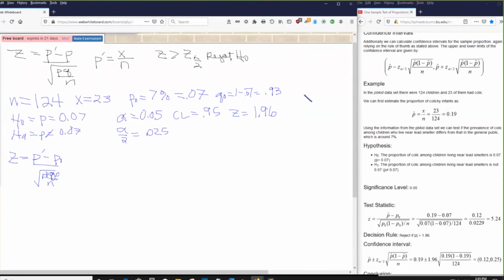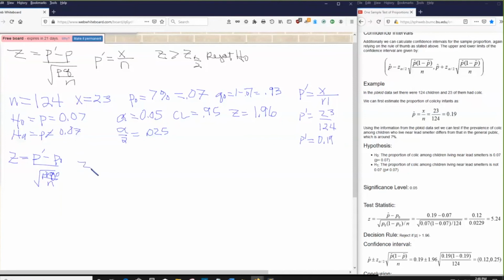And I didn't solve, so our P prime is going to be x over n. So that's going to give me P prime is going to be 23 over 124. So that's going to give me a P prime of 0.19.